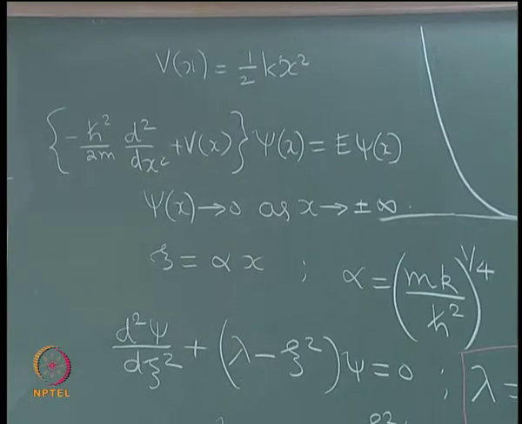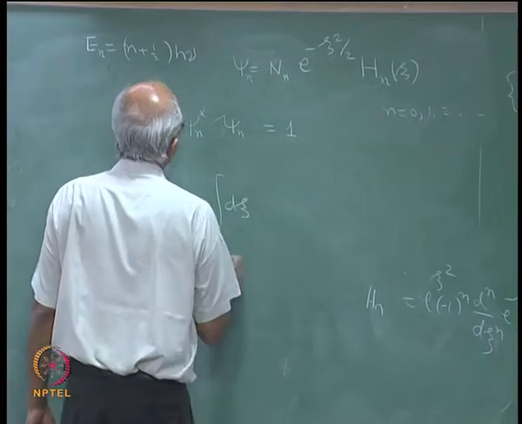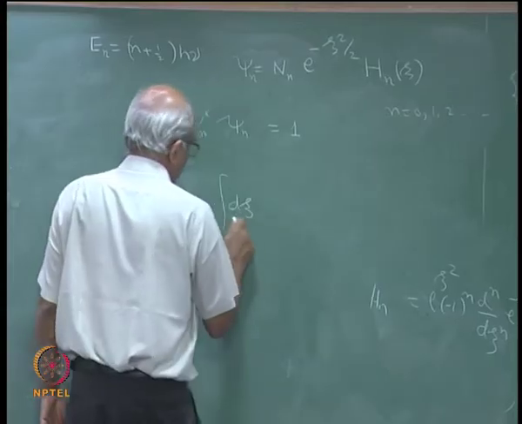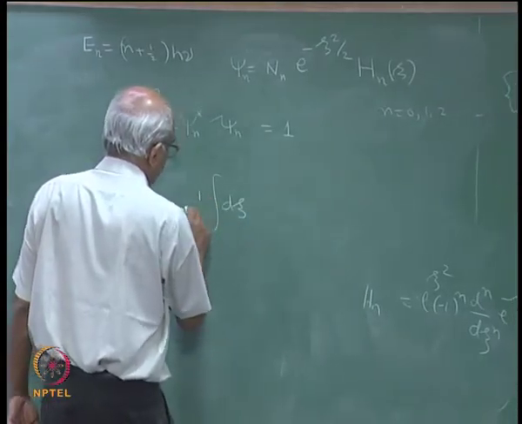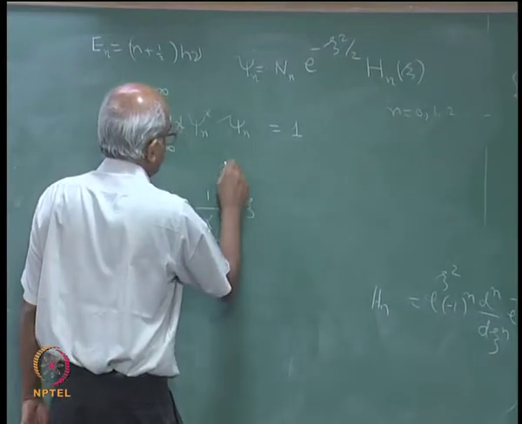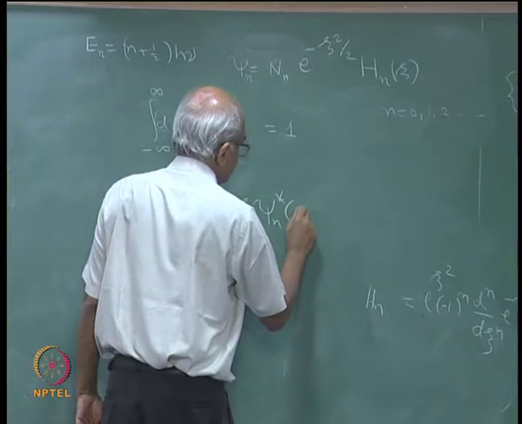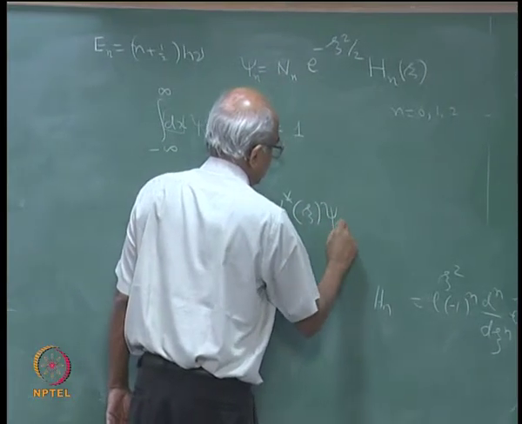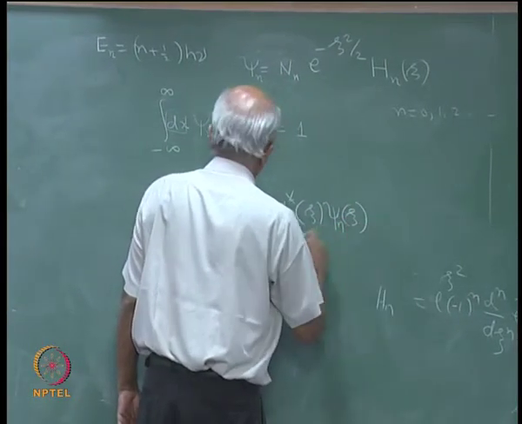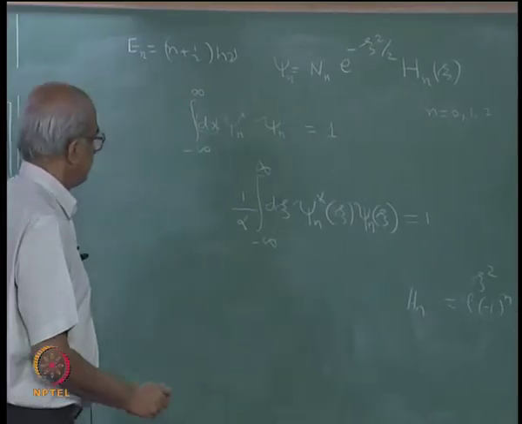So, therefore, you will have the integral, let me put a 1 by alpha here, of dc from minus infinity to plus infinity, psi n star of c, psi n of c equal to 1. This is the condition that I need to satisfy.